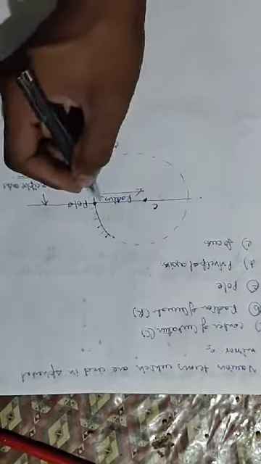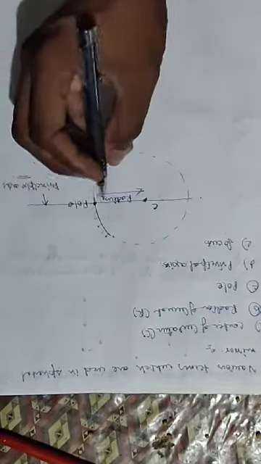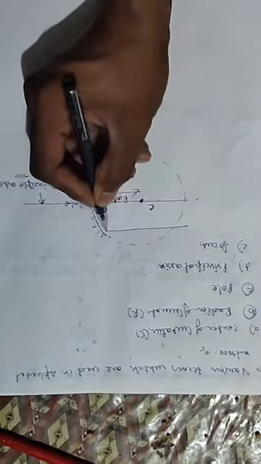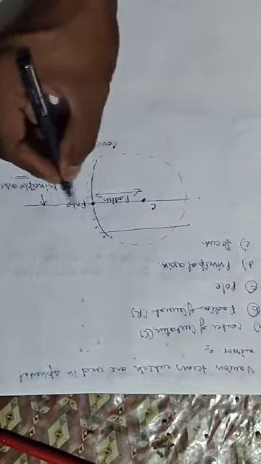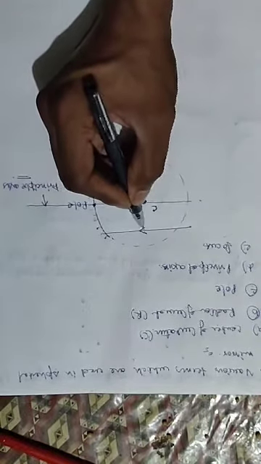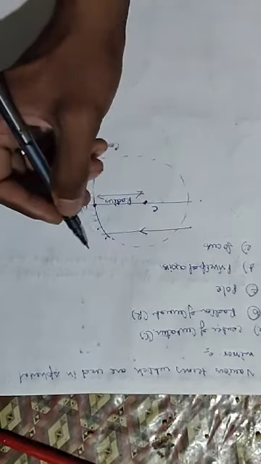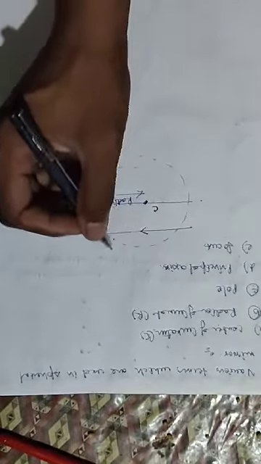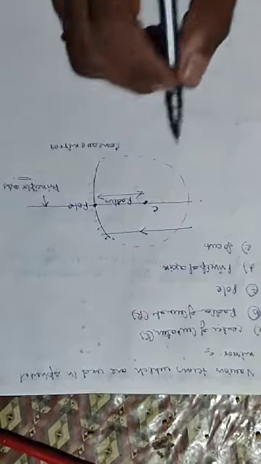And how to find a focus? So if I draw a ray parallel to principal axis, means this is a principal axis, I have drawn a ray which is parallel to principal axis. Now I told earlier that the law of reflection holds true whether it's a plane mirror or a spherical mirror. So I am going to apply the law of reflection here also.